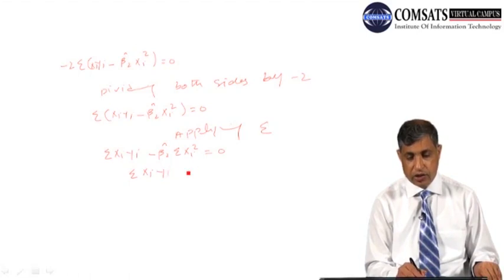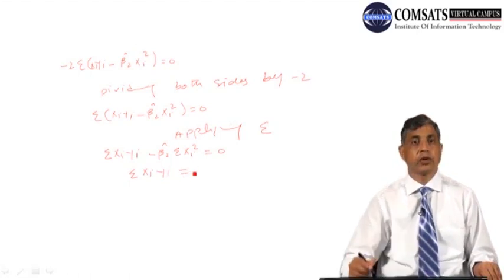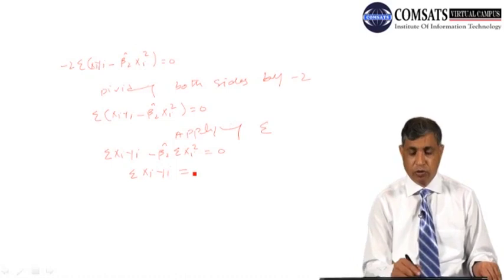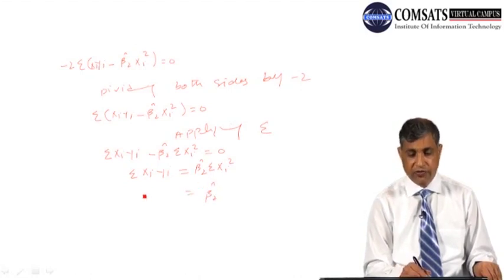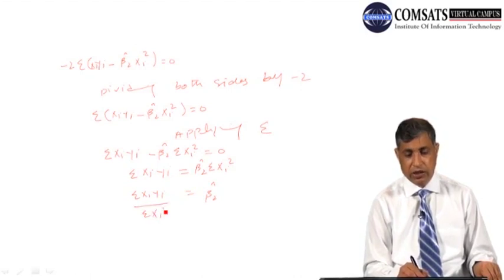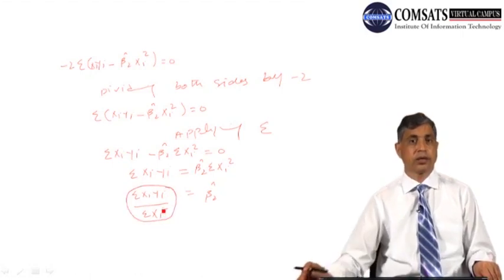yi is equal to, we bring the beta 2 hat term on that side, it becomes beta 2 hat summation xi square, and if I take beta 2 hat here, I bring that to that side: summation xi yi over summation xi square.